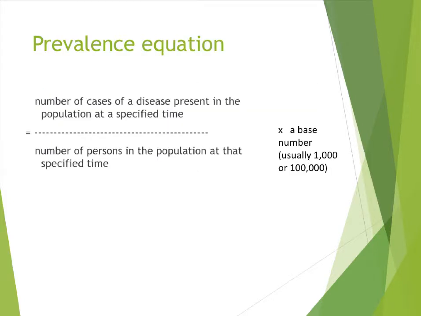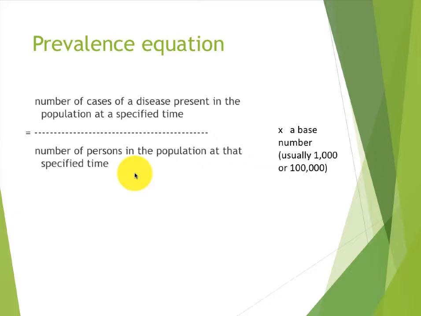So this is the equation for prevalence. In the numerator, you will see we have the number of people who have the disease at a specified time. And in the denominator, we have the number of people in the population at the specified time. Notice that the denominator does not state to include only people who are at risk, like we did with incidence.